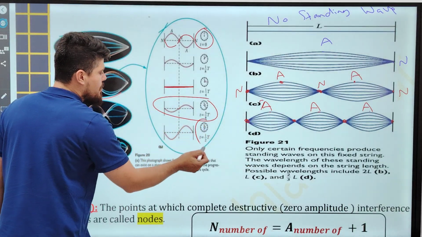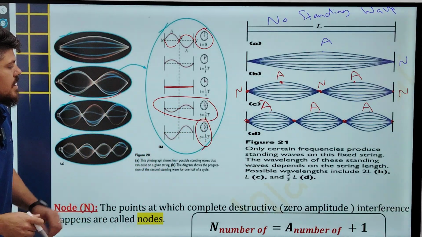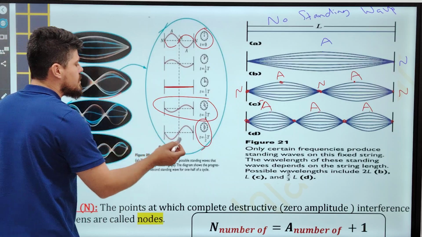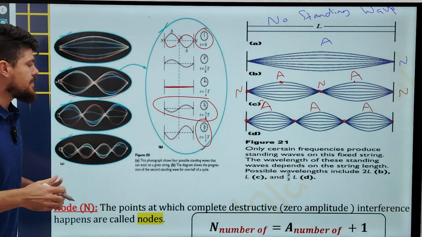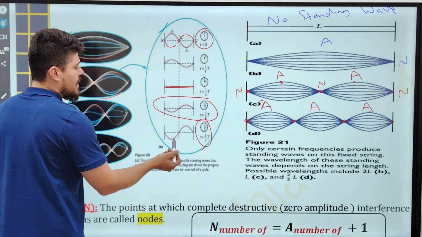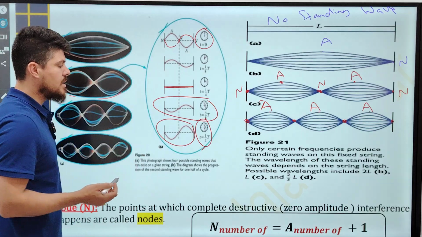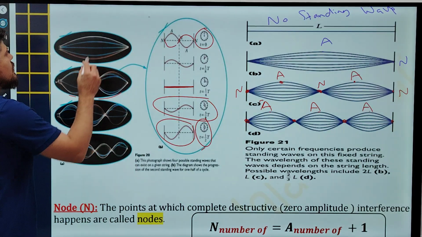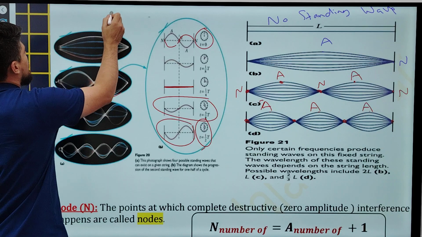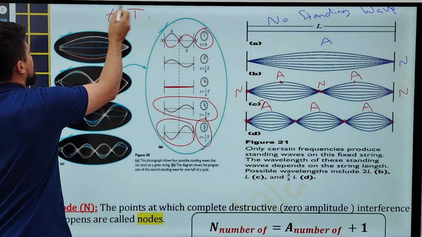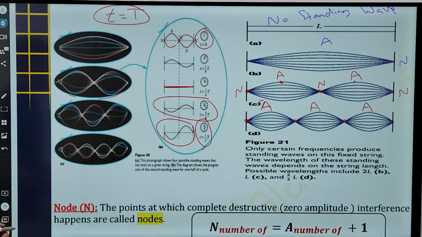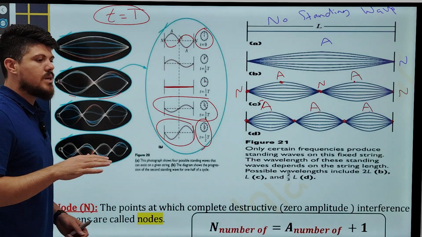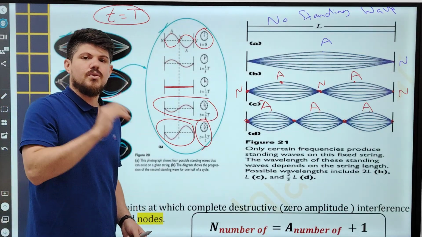And when the time is equal to half of its period, the wave is going to be like that. Okay? And for one complete oscillation, when the time interval is equal to the period, it means that the string is moving back and forth.